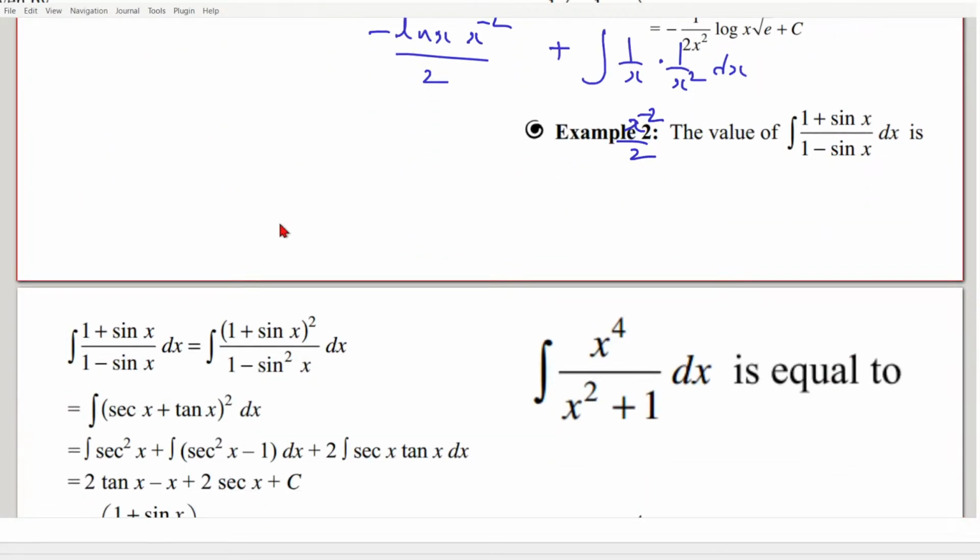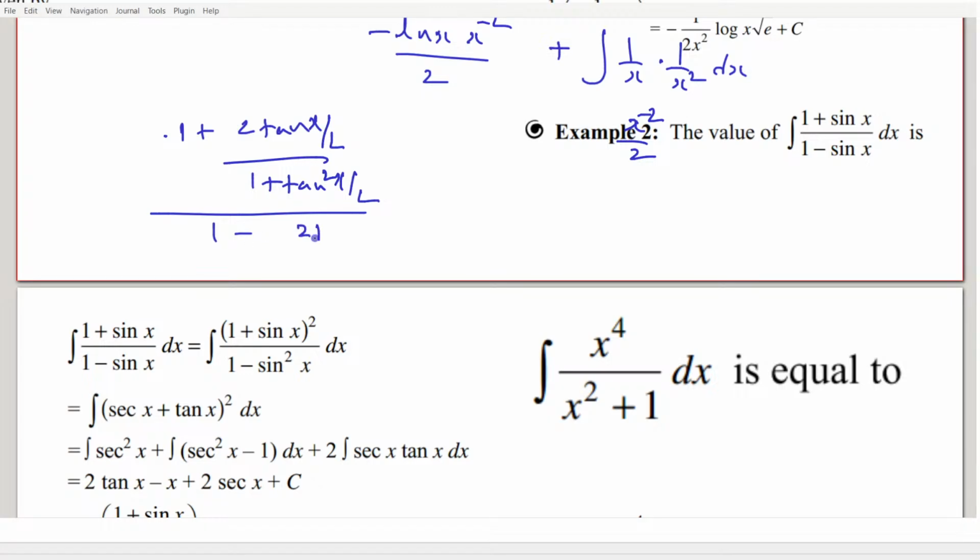Or this fellow has done it a different way, right? Sir, what is sin x? Rationalizing. He has done rationalizing, okay. Otherwise, you can write it as 2 tan x by 2 by 1 plus tan square, right? Again by 1 minus 2 tan x by 2 by 1 plus tan square, right?